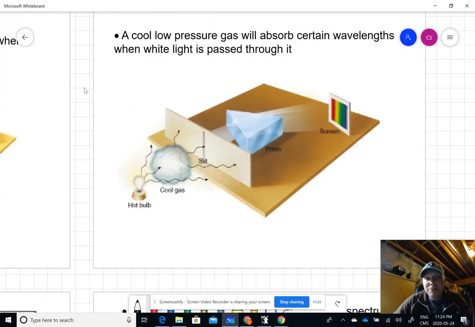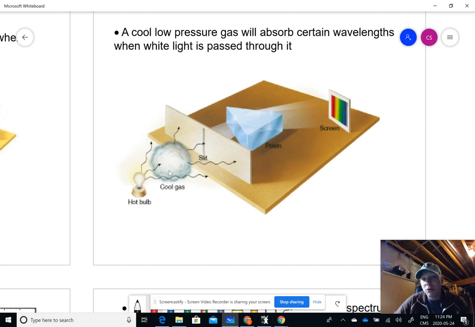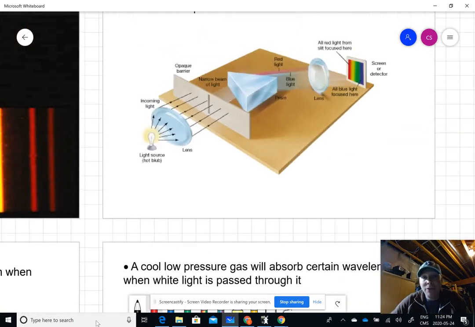It's going to be missing some because some of the energy was absorbed by electrons, pardon me. And so what we're going to get looks like a continuous spectrum, but there's black lines in there. And wherever there's a black line, that's where an electron absorbed that energy and went up to a higher energy level. Okay, so we are missing some of the wavelengths of our continuous spectrum that we would have otherwise.